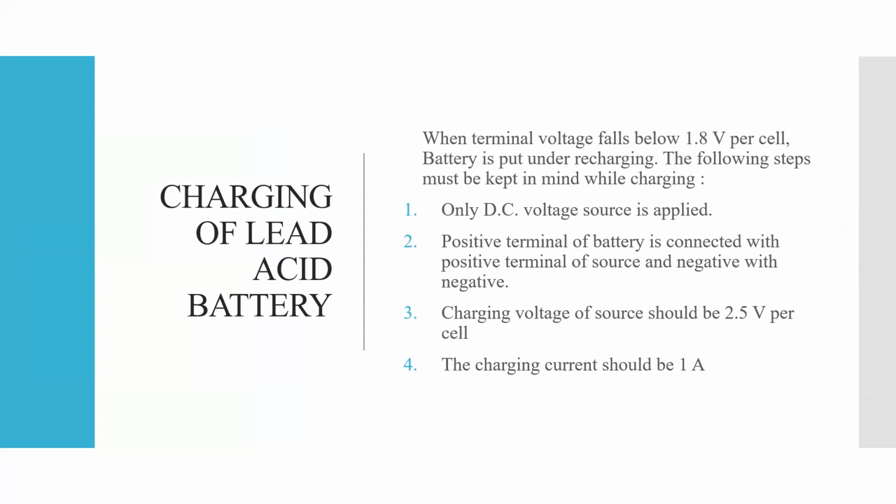Okay. Now, when we want to charge a lead acid battery, whenever the terminal voltage falls below 1.8 per cell, then the battery is put under charging. So the following things must be kept in mind. The battery will be like this. This is the battery. It's a negative terminal. It is a positive terminal.